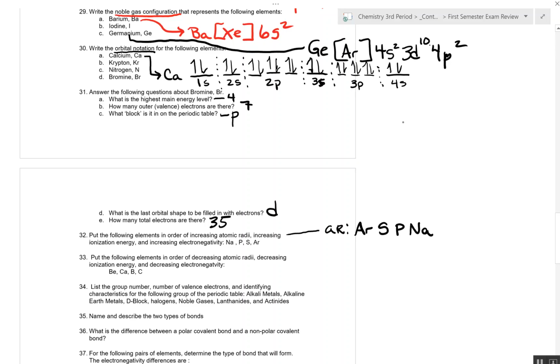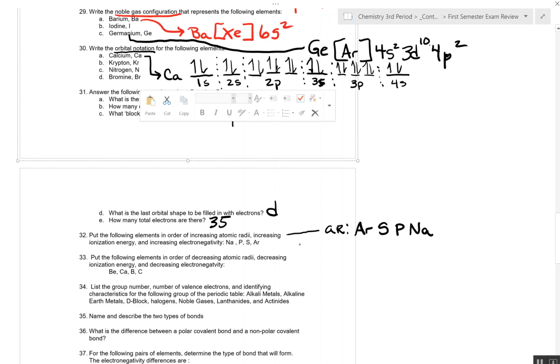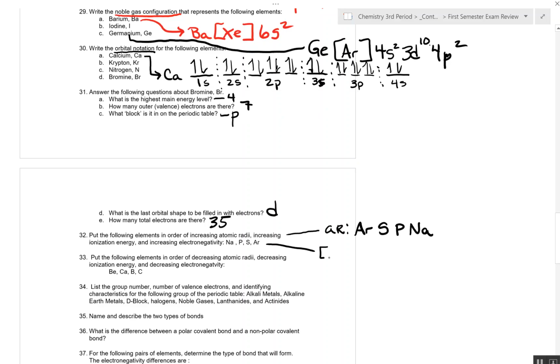Because remember, the more negatives they have, the tighter they pull together. And as you get over, there's more electrons, so they pull tighter. Now, electronegativity and ionization energy move in the same direction.